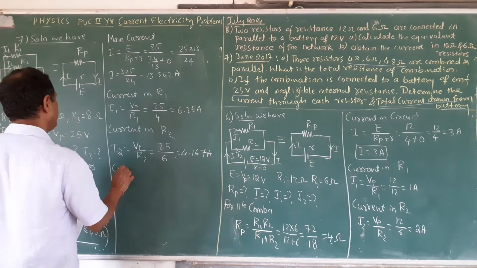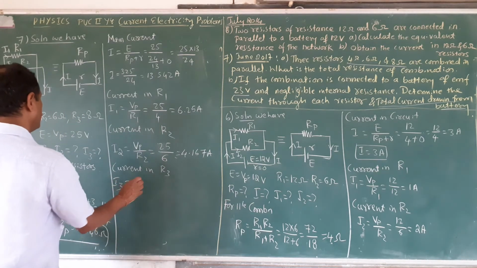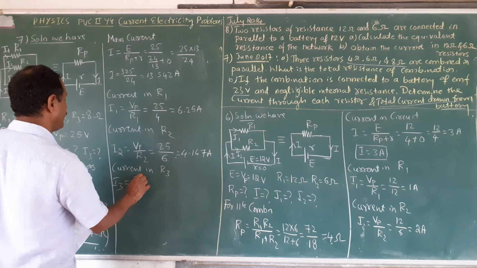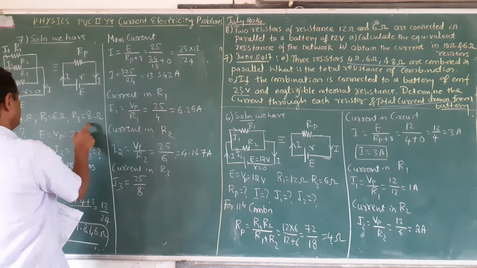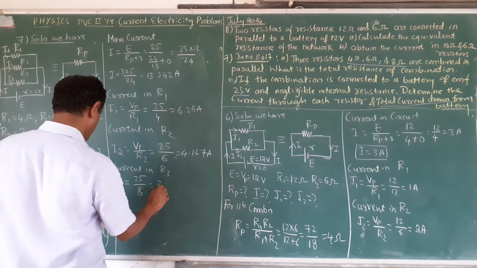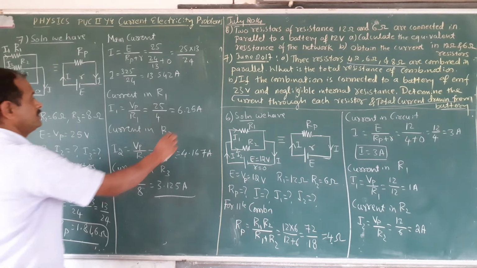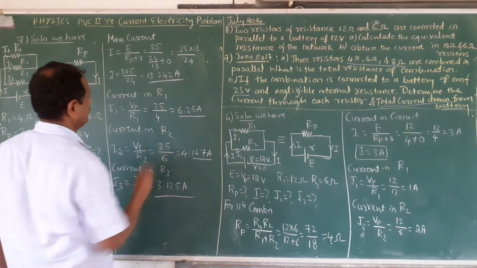And the current in R3, I3, is equal to Vp, it is 25 divided by 8. This is equal to 3.125. Now this is I1, this is I2, this is I3.